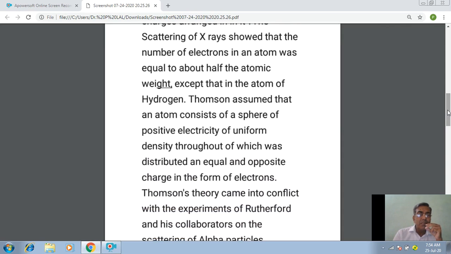Thomson assumed that an atom consists of a sphere of positive electricity of uniform density, throughout which was distributed an equal and opposite charge in the form of electrons.